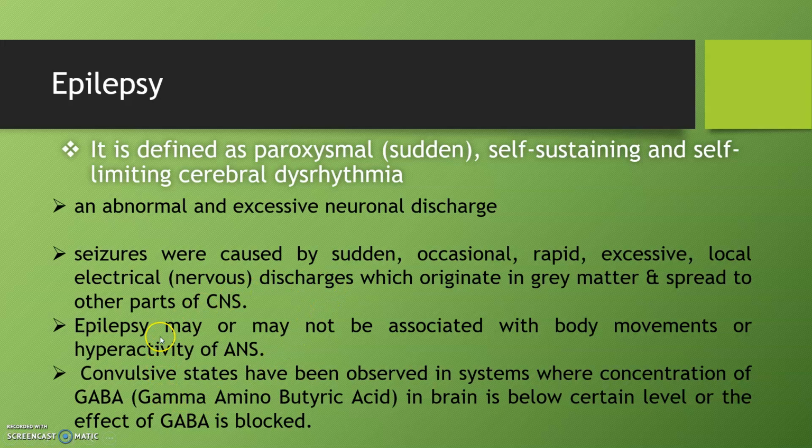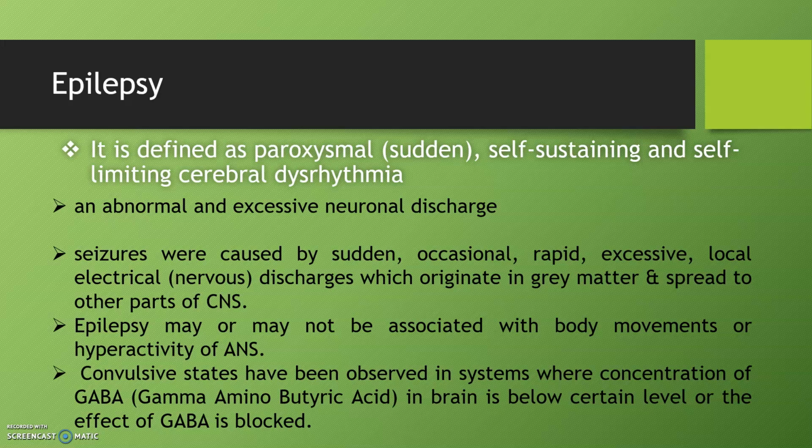And then the convulsion state occurs. What happens in convulsion? There is an imbalance between the GABA chemicals which are present in our brain. Due to this reason, the patient is suffering from epilepsy. So epilepsy is nothing but a group of seizures, and convulsions is nothing but a group of epilepsy.